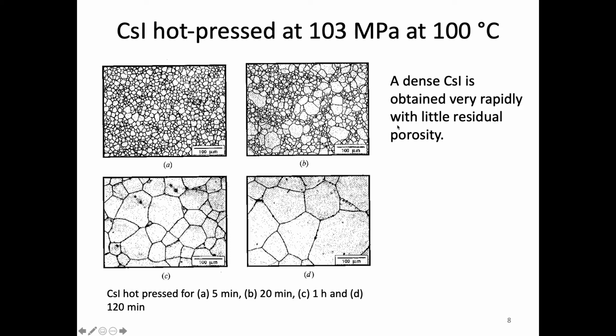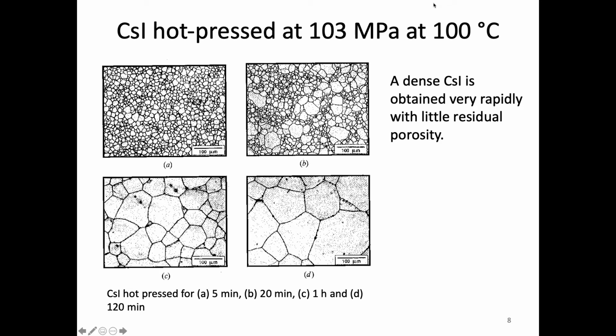So chances are, if you tried to make cesium iodide a conventional way, you would probably have to go well above 100 degrees Celsius for that to occur. That's another advantage that I didn't bring up too much, but it's important to note: these temperatures can be greatly reduced because we're applying this compressive stress, which aids in the rapid densification.